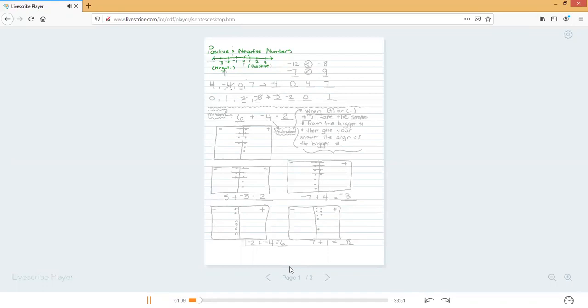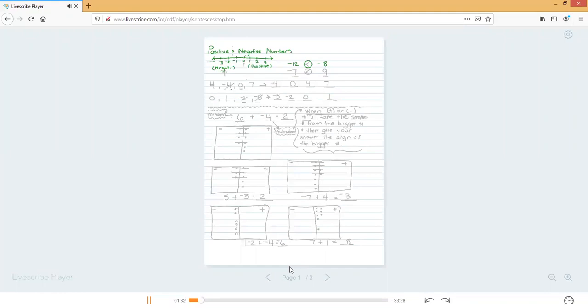So if I have the numbers negative 12 and I'm comparing it to the number negative 8, then if I had a number line, then negative 12 would be all the way over here.